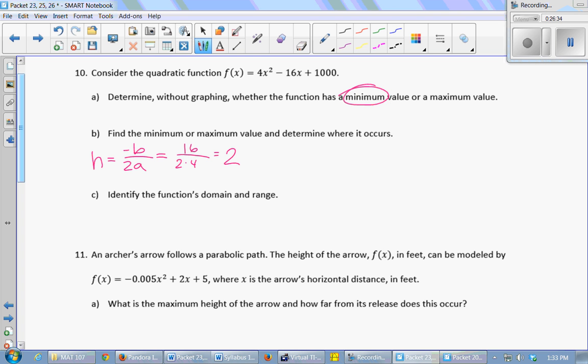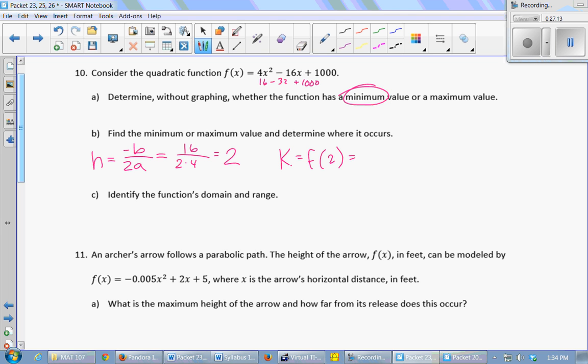And then to get the y-coordinate, if you know the x and you want to know the y, you can just plug into the function. So k is just f of 2. If I plug a 2 in there, 2 squared is 4. 4 times 4 is 16 minus 32 plus 1,000. Oh, negative 16, not negative 32.